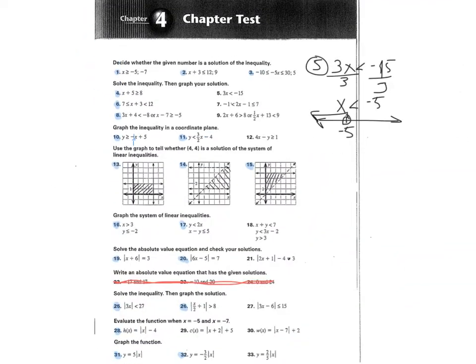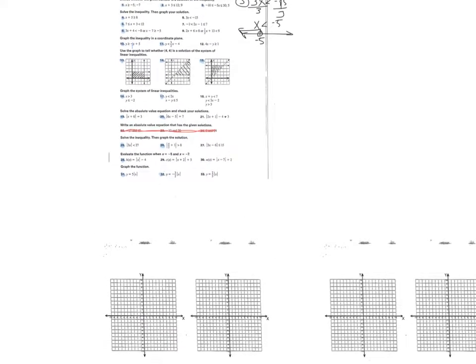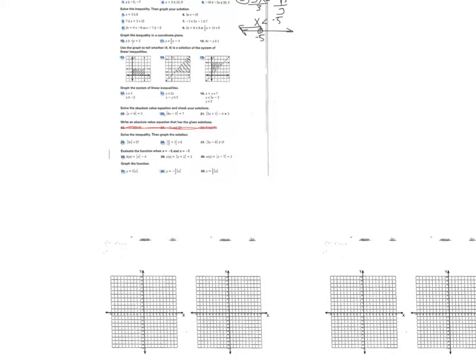And on your graph paper, you want to go down here and remember, graph the b, then the m, and then you got to shade. Remember, greater than, it's going to push you up. If it's making you less than, it is going down. Okay? So that's what you're doing on 10 and 11.